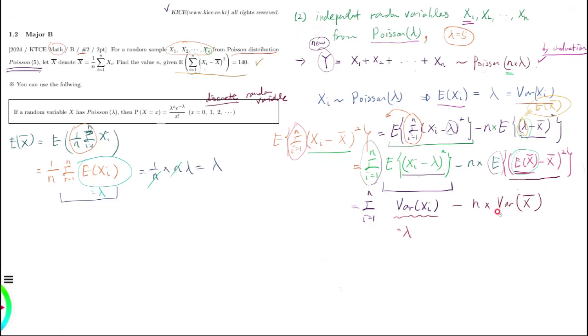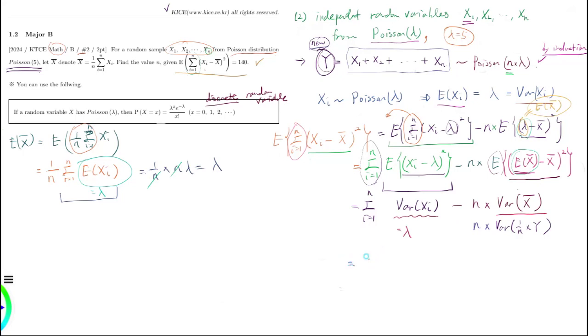And then the variance of x bar is nothing but the variance of 1 over n times capital Y. The capital Y was defined as a new random variable, which is the sum of the sample variables from capital X1 through capital Xn here.